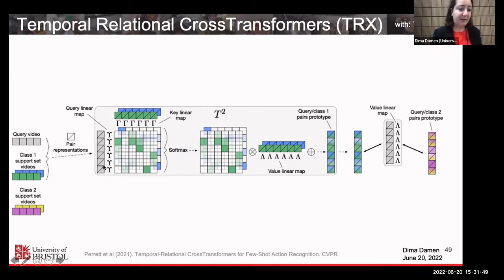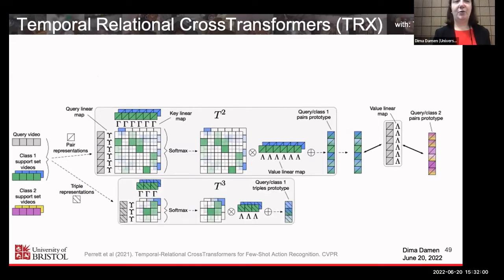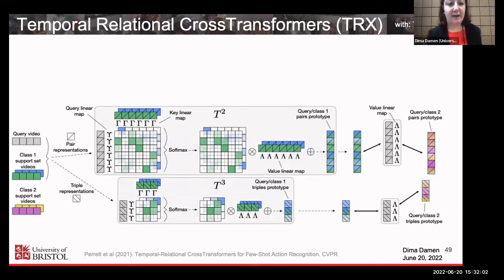In the paper, we think that, as we said, 2 frames isn't enough if you have fine-grained knowledge. So we try the same approach for triplets of frames. Similarly, you can produce triplets of frames and find the combination. This is not as heavy as it sounds, because most of the effort is on the backbone, which is shared. This is a small head on top of a shared backbone.